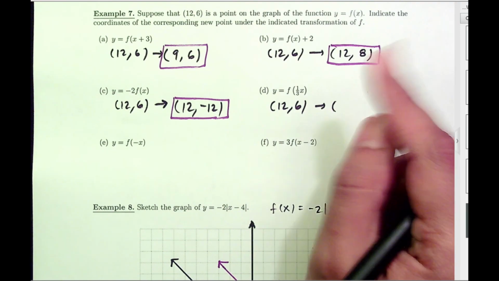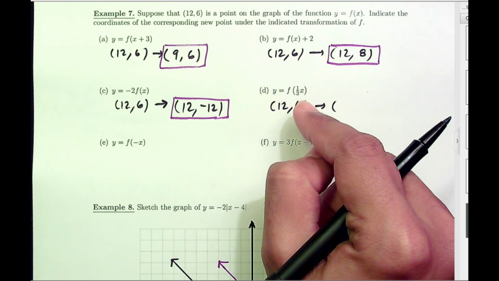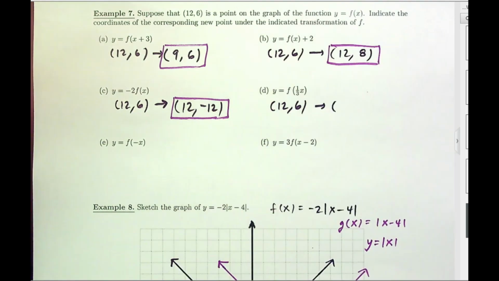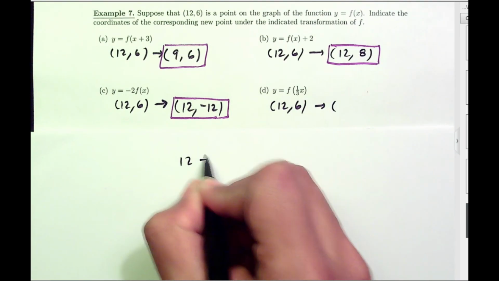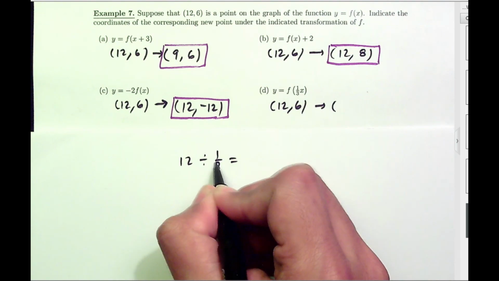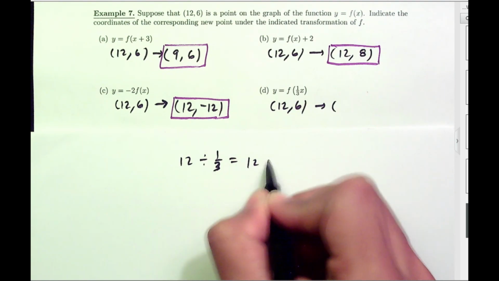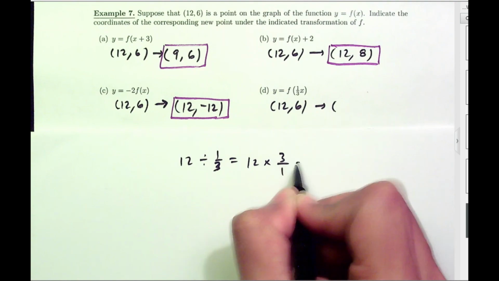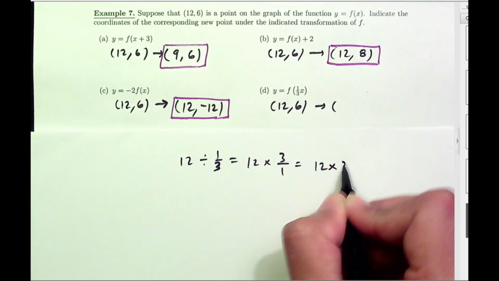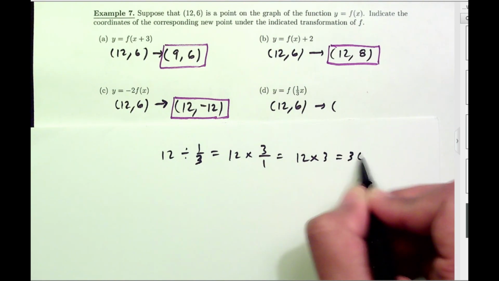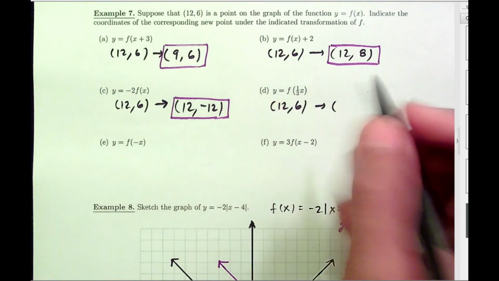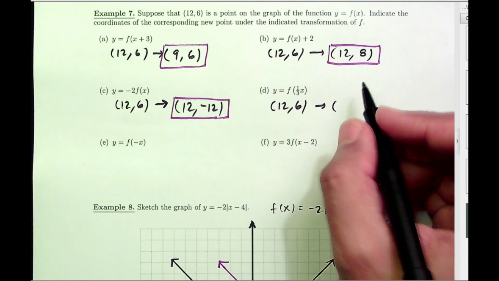If I'm multiplying by a third, then I need to divide by a third. So I'm going to divide 12 by a third. Dividing by a third means multiplying by the reciprocal of a third, which is 3/1. So that means multiplying by 3, so this is 36. So you can put that in your calculator. 12 divided by a third is 36.